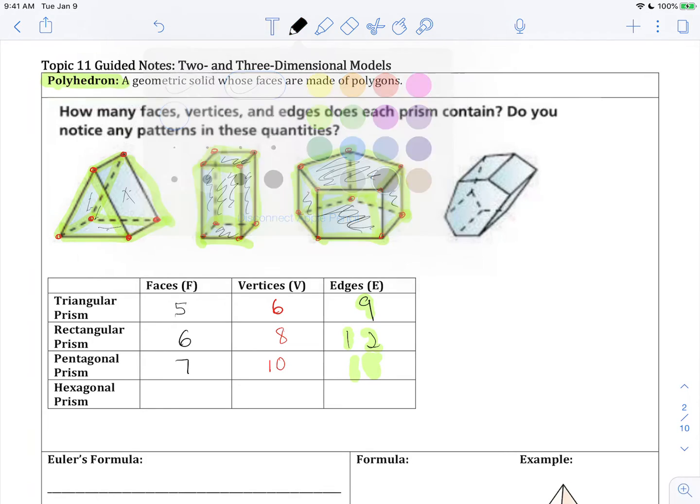Just trying to show the colors there, right? Last, we have the hexagonal one.